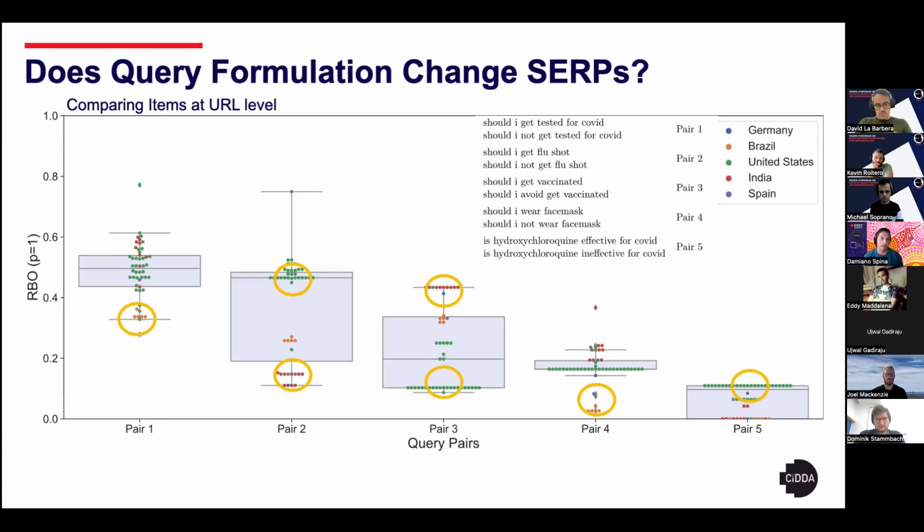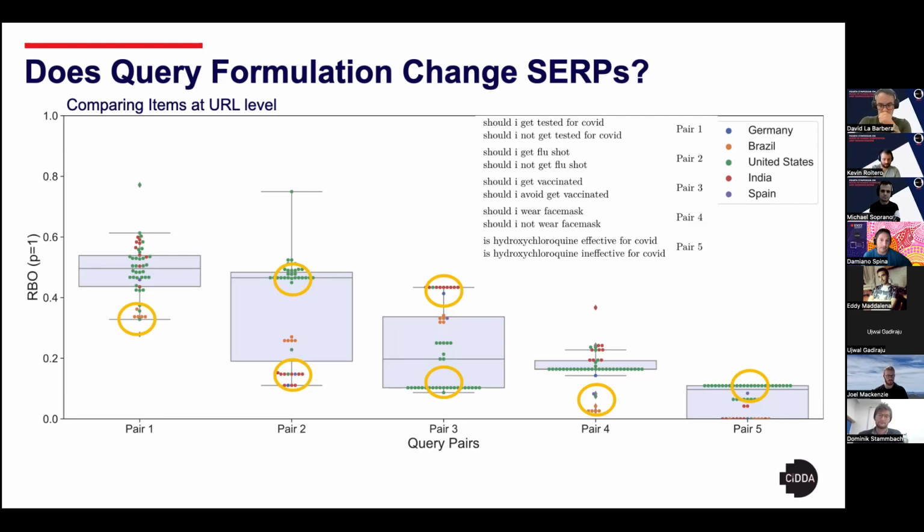So we can see that those that are from the same country of residence share a similar rank-biased overlap, and this is telling us that there is a factor of contextualization happening. So depending on where you are submitting those queries from, you might see different search results.